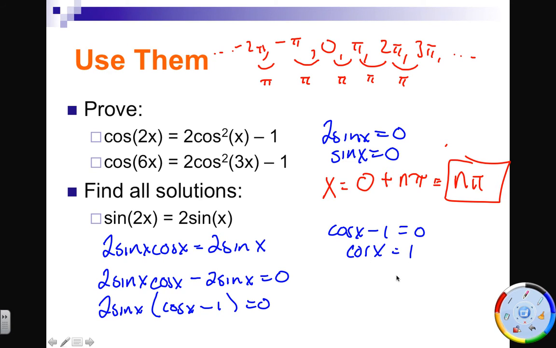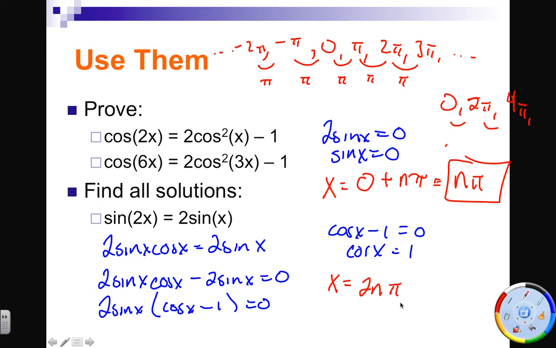Same thing goes for cosine of x equals 1. Well, cosine of x is equal to 1 at 0, at 2 pi, and continuing around, I get 4 pi, and so on and so forth. That means I can represent this. The common difference between them all is 2 pi. So I'm going to say it's actually 2n pi, putting the variable wherever I feel like it here.